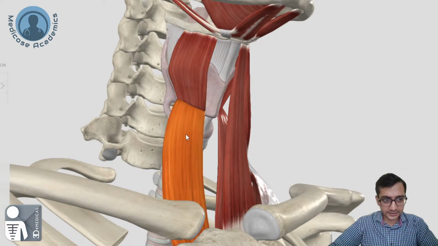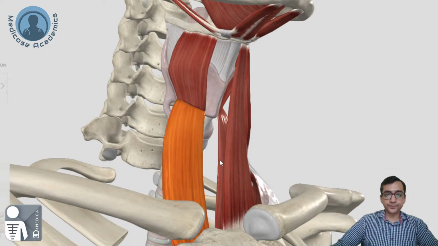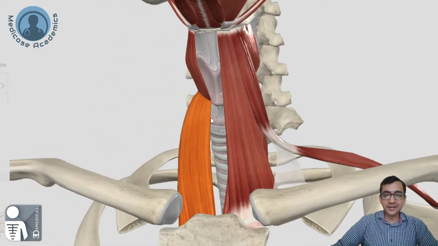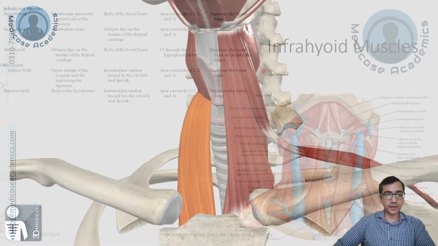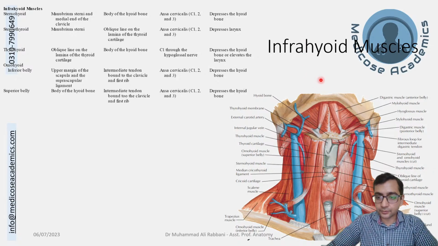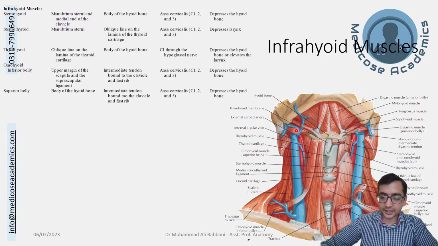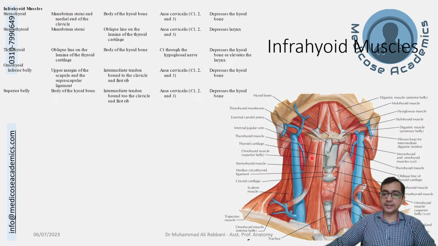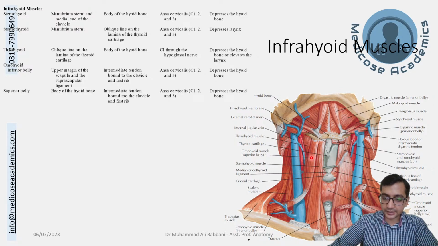And then there is sternothyroid. It is always the depressor of larynx. It pulls it downwards. So these are the four infrahyoid muscles, and I will just quickly remind the names. Anteriorly there is sternohyoid, then laterally anteriorly there is omohyoid with two bellies.